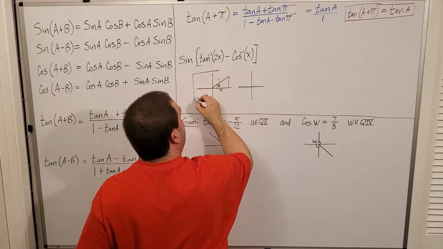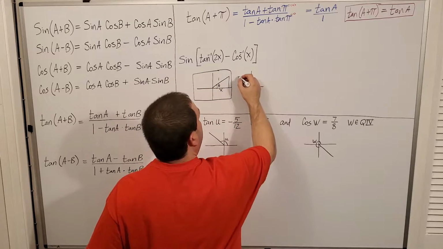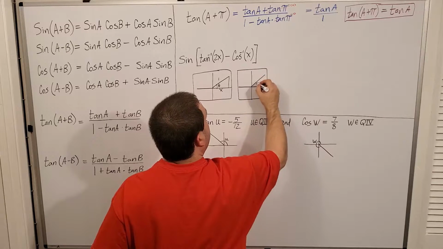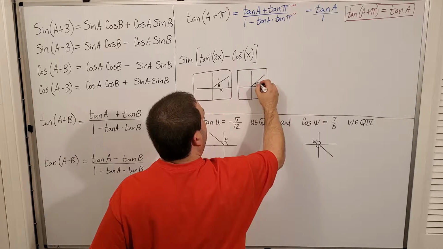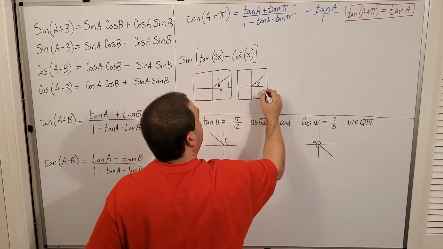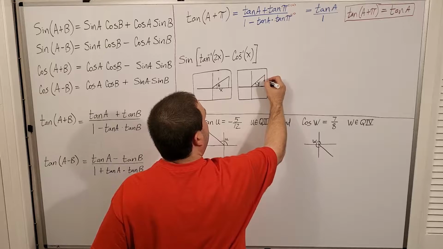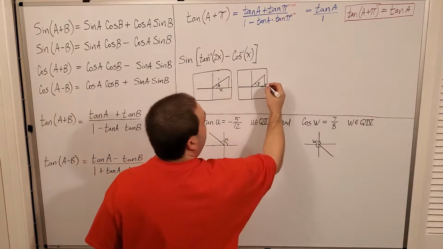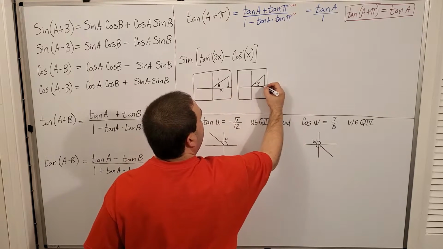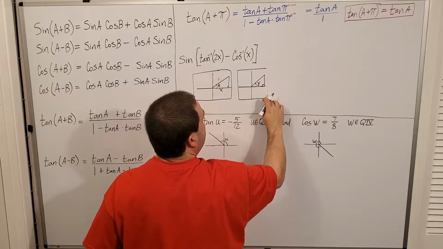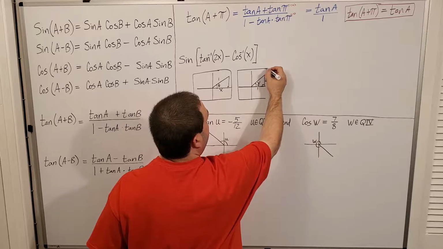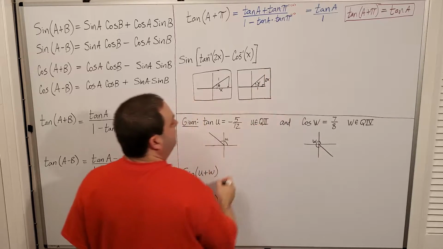So a completely separate picture here. There's some other angle where when I set it up, I'll use gamma here. So that when I set this up, the tangent is 2x. Okay, so in my triangle here, that means that my opposite side is 2x and my adjacent is 1. Right?